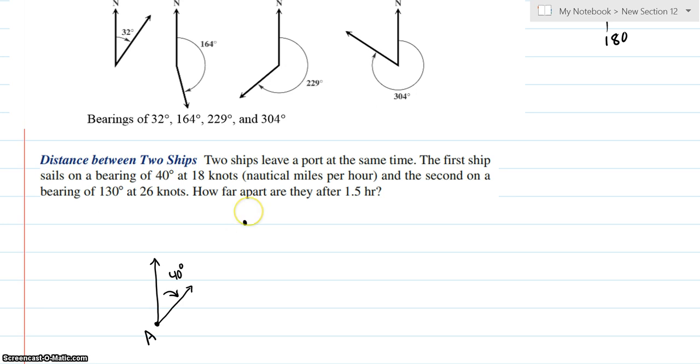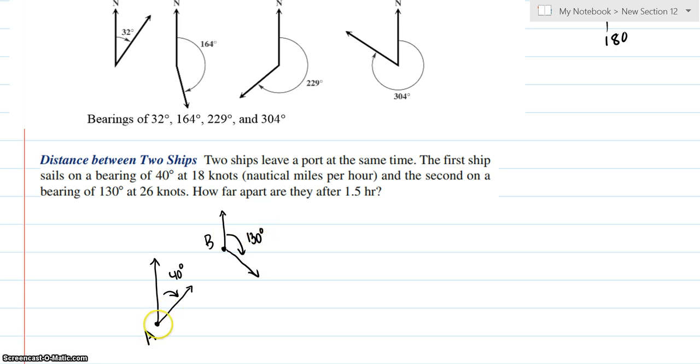I don't know where he is. Say he's right there at B. Maybe a little bit closer down, so that way my triangle is not so big. Call that point B. And that second ship at that precise moment is north 130 degrees, so 180 is here. I'm going to guess maybe about right there. Hopefully that's good enough.